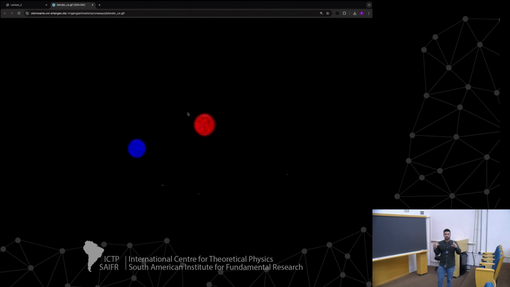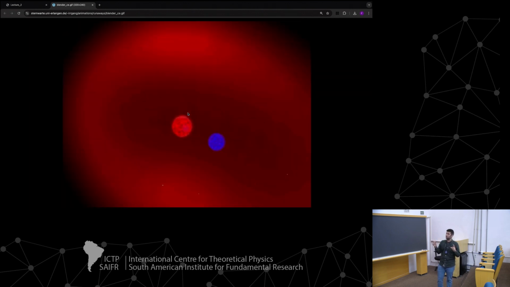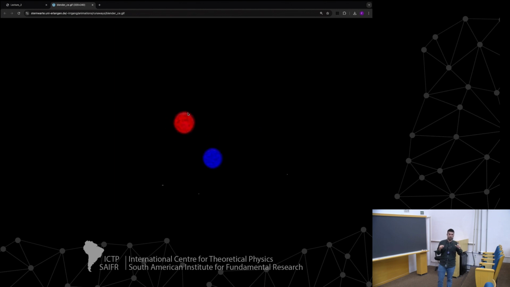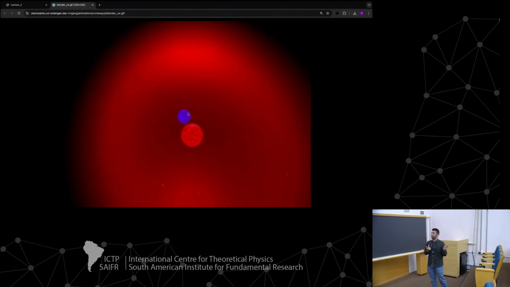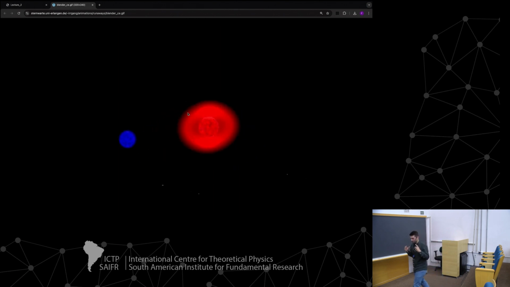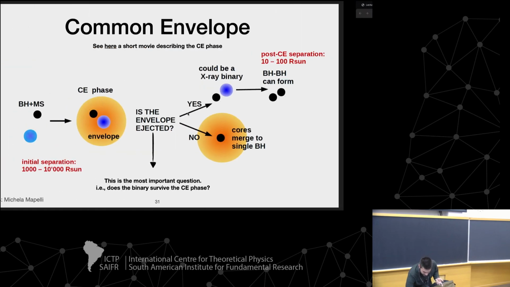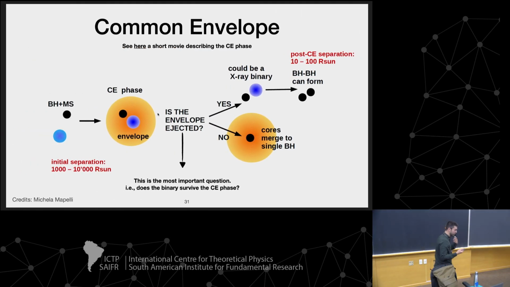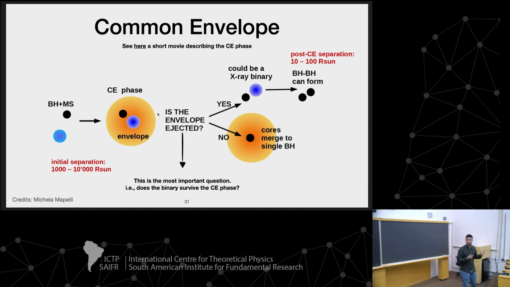It fills the Roche lobe and overflows. Mass is transferred to the other star, but in an unstable way. So the other star is not able to accrete the mass that is coming from the first star. So what happens is that the massive star that is losing mass basically engulfs the entire binary system.